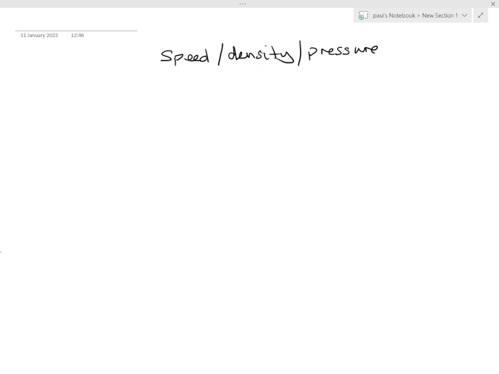So this first part of lesson 15 is now broken down into three subsections, and the first one is to do with speed. Part of speed is going to be the speed, the distance, and the time.